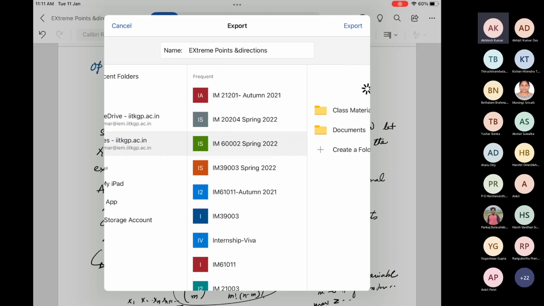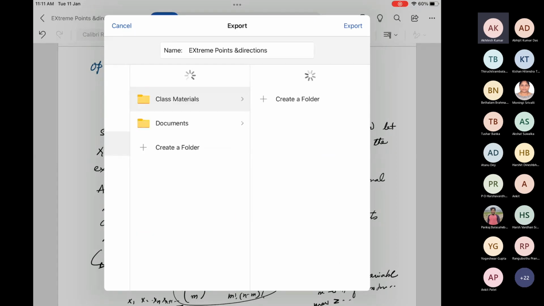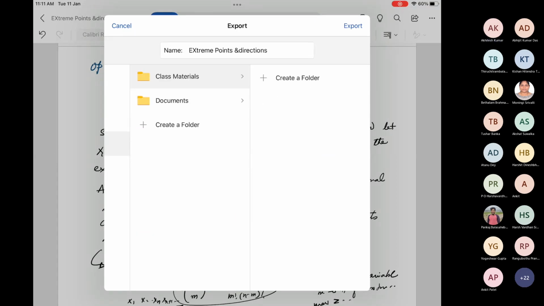IM 6002 class materials. It is generally in the class materials, no? I cannot see the earlier folders. Anyway, lecture 3.